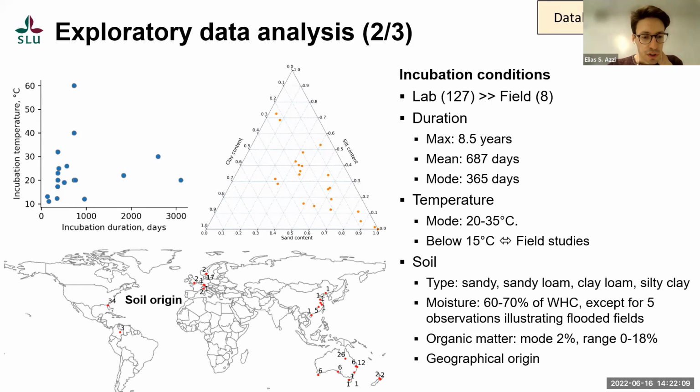And if we look at the origin of these experiments and the soils that have been used, we have a lot of data points from Australia, a few studies in China, some in Europe, and just a few in the US. But we can also note that there are no incubation studies performed in an African context or even in an Eastern Asian or Middle Eastern scope.